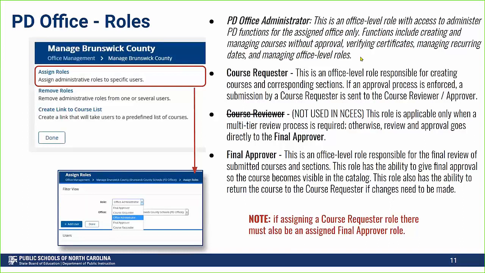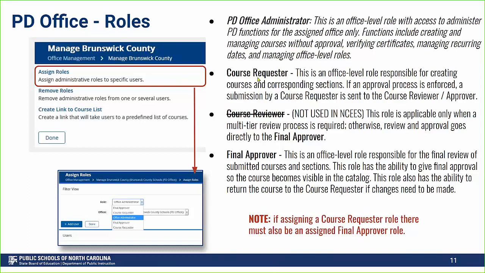Say somebody's turned in a certificate somewhere and HR calls me, asking if this is a real certificate from NCEES. They give you the certificate number, and you can look it up. They can also manage recurring dates. Maybe you have courses that need to meet every third Tuesday or something like that. You can set up recurring dates and then use those in your course setup. And they manage other office level roles, so this person can add other people.